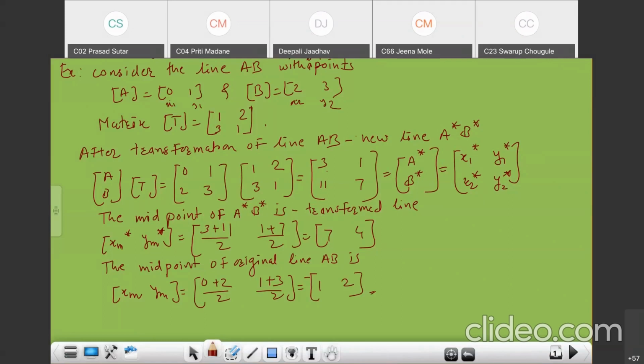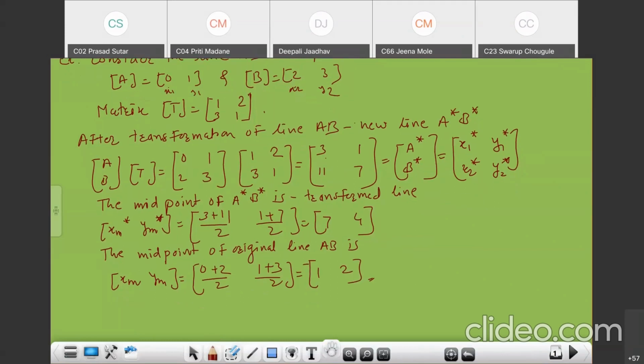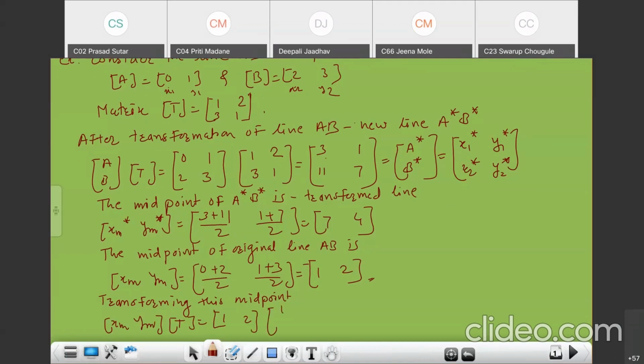Now we transform it with the transformation matrix. Transforming this midpoint: xm ym multiply with T. 1, 2 multiply with the transformation matrix 1, 2, 3, 1.